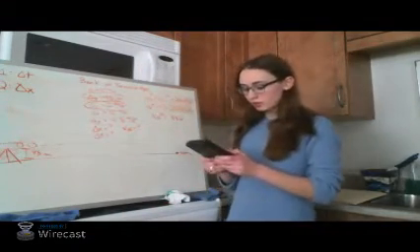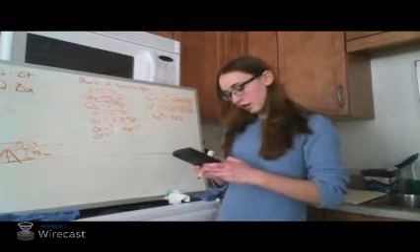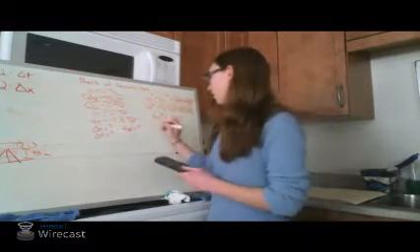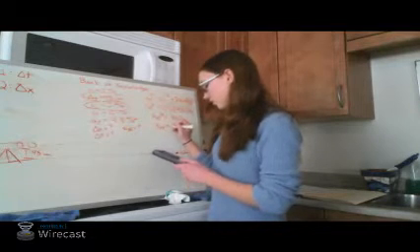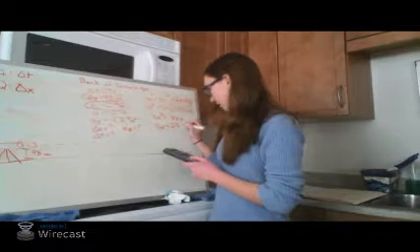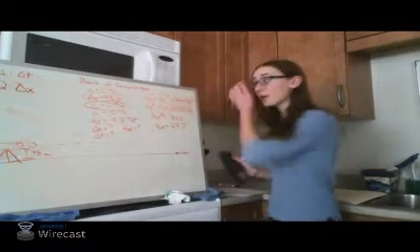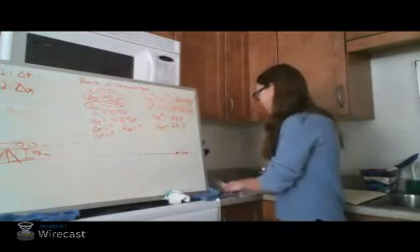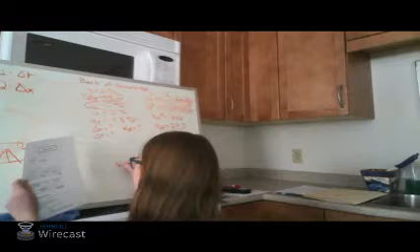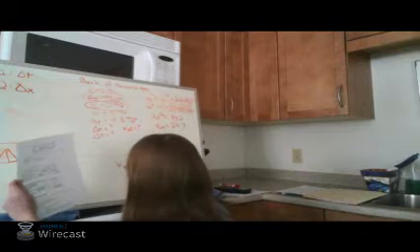So square root of 882 is vy final is equivalent to 29.7. Okay, so now we're going to use another equation, the one that I like where we don't have to use delta t squared. So now we're going to use vyf is equivalent to vyi plus a delta t.